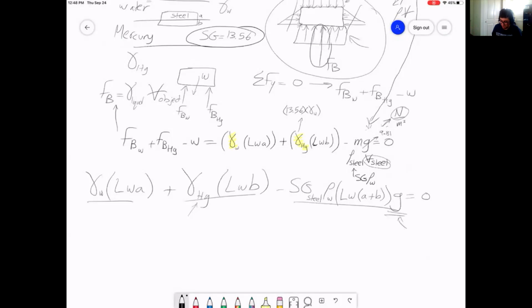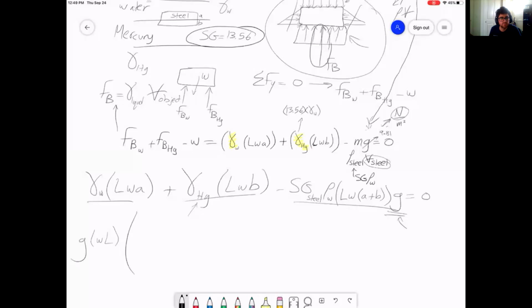Once you factor out gravity and LW, how would your formula look like? Can someone try to tell me? So we factor out the gravity and WL. So how would you write this formula?